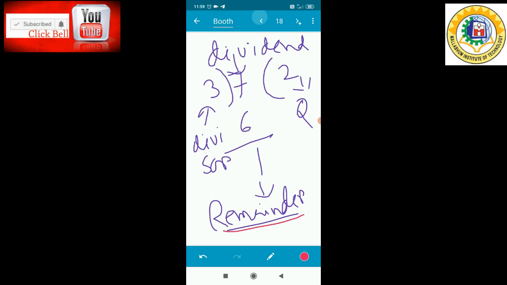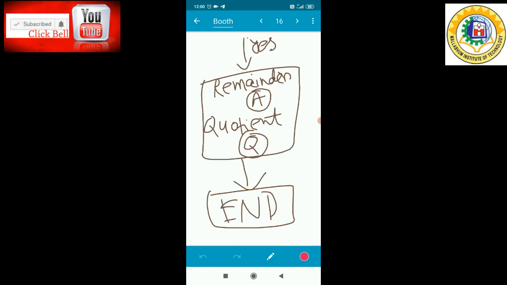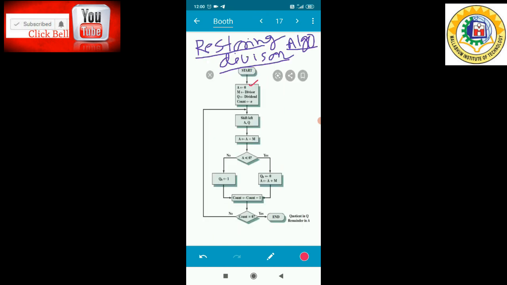So in this algorithm we first take three variables, that is A, M and Q. You can see from here. First we make A equal to 0. In the second step, M is stored with the divisor. So here the divisor is 3, so M is equal to 3.